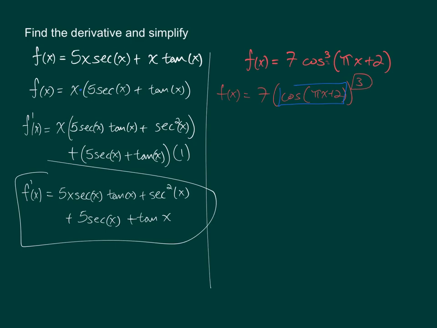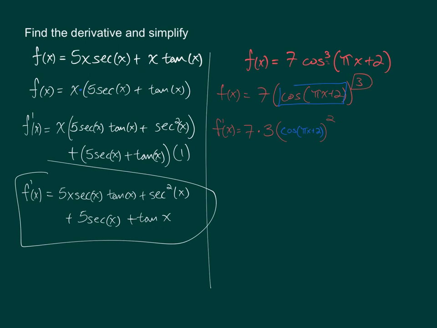Chain rule starts with the outside function. So this will be f prime of x equals 7 comes along for the ride. The outside function is the power 3, so I will bring down that 3, leave the inside function alone, take 1 away from the power, and then I will write in the inside function here, pi x plus 2.